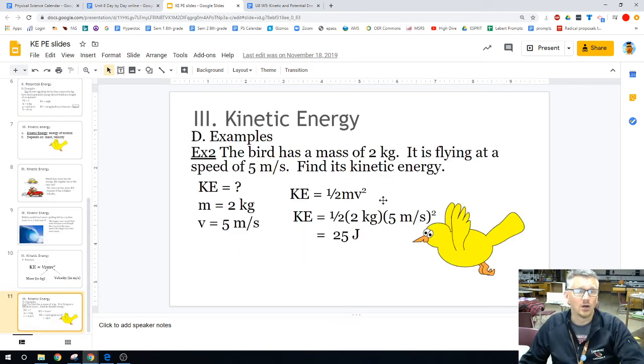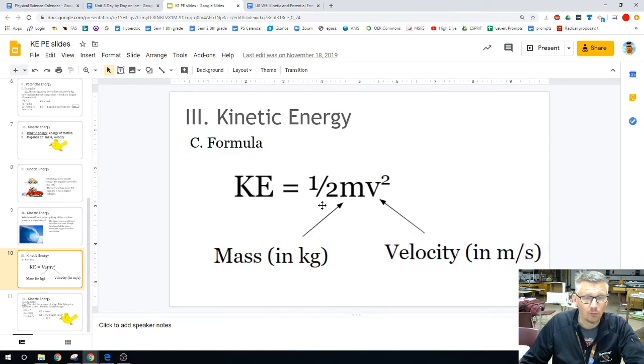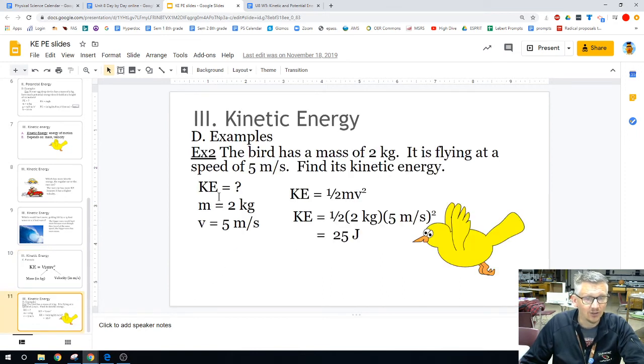Our example here is: the bird has a mass of 2 kilograms. It is flying at a speed of 5 meters per second. Find its kinetic energy. If we go back to the formula, kinetic energy is equal to 1/2 mv squared. Its mass is 2, its velocity is 5.